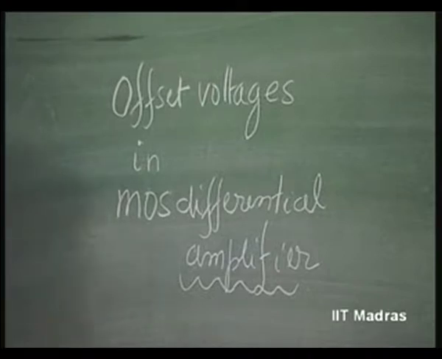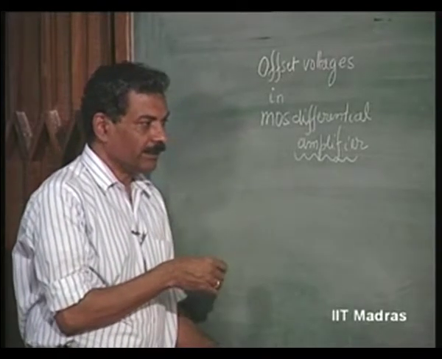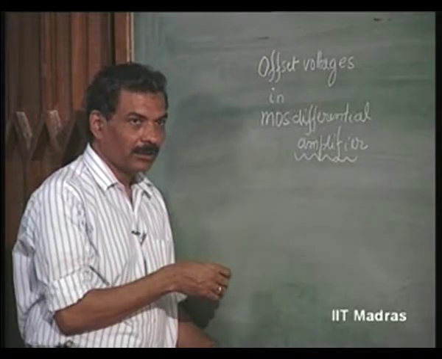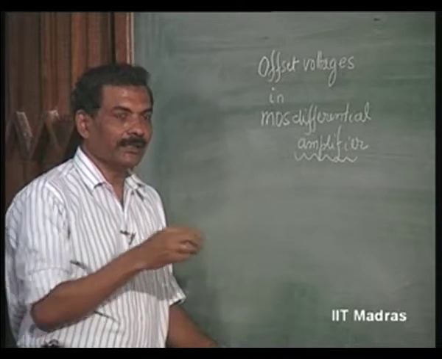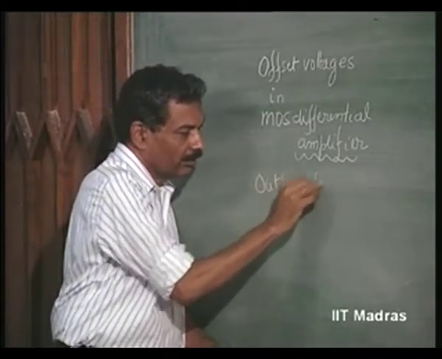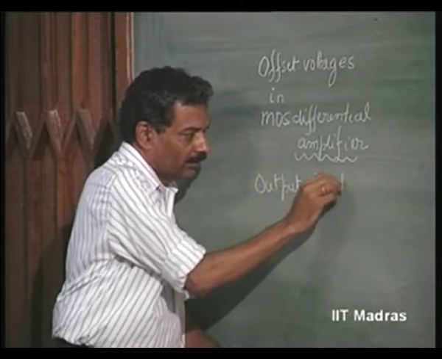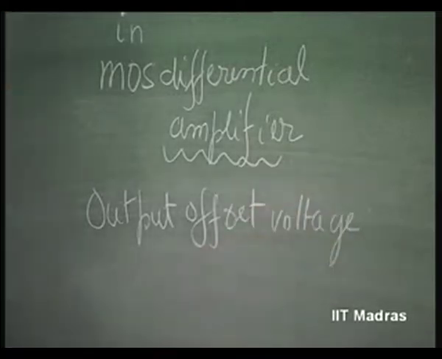Now, in the last class when we discussed the offset in BJT, what we said was there is an output offset voltage, and that is very easily defined as that voltage that appears at the output when the input is made 0. So, VID is 0.